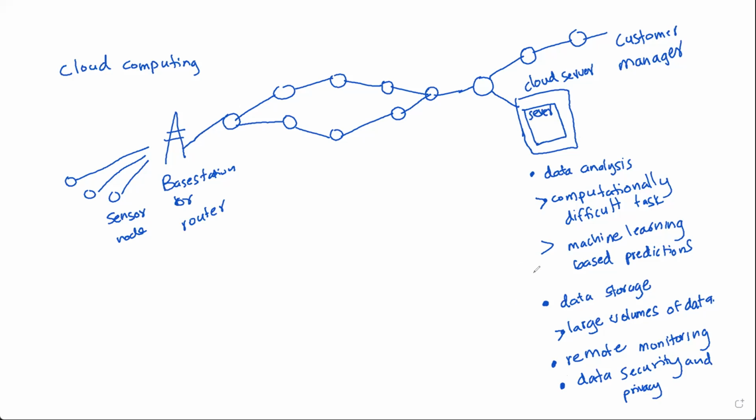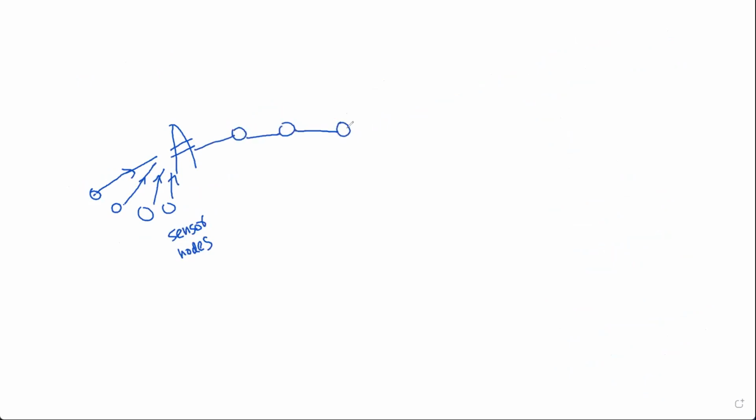So if we do not have cloud computing methods, what is going to happen? If we do not have cloud computing facilities, then what kind of situation will we have? The sensor nodes will collect the data, and they will send all the data across the internet directly to the customer or the manager.